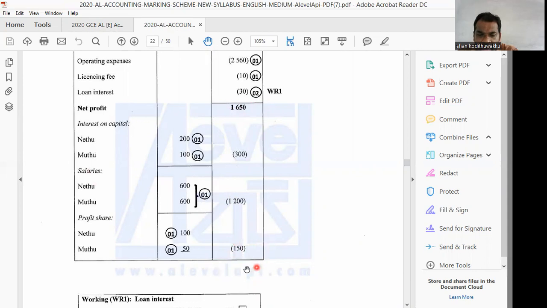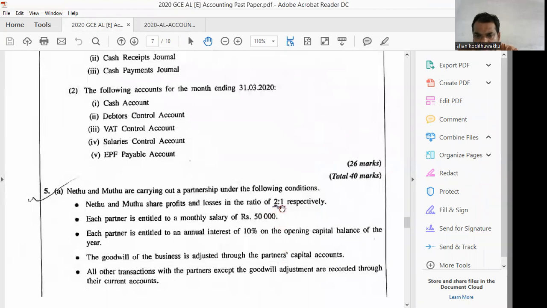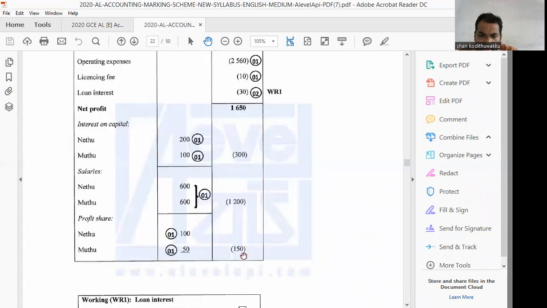This should be distributed among all partners according to their profit sharing ratio, which is mentioned in the agreement. Here, 2:1. 150 divided by 3, multiplied by 2.